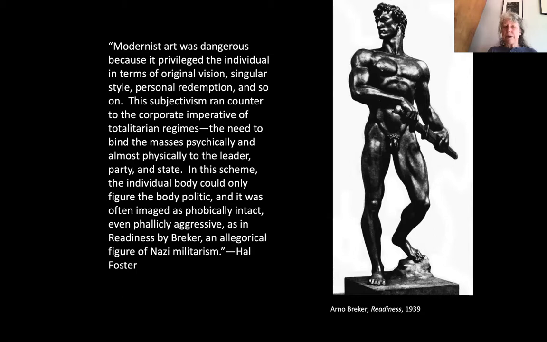In this scheme, the individual body could only figure the body politic. That is, you couldn't make a statue of an individual. It had to be an image of the government, the state. And the body politic was often imaged as phobically intact, even phallically aggressive, as in Readiness by Breker, an allegorical figure of Nazi militarism. So these sculptures still exist in Germany.